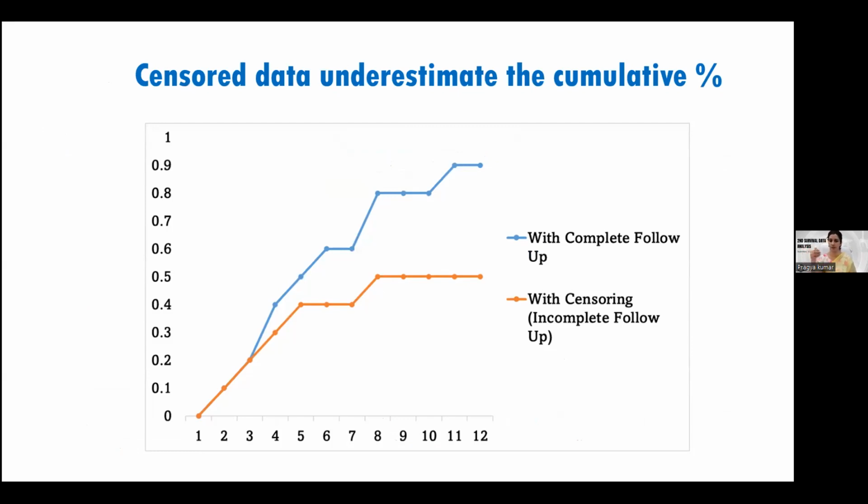Dr. Saurabh is writing, let me see the chat, what he wrote. So, is it not better to use incidence density in such cases? Incidence density can be done with person-time. But again, there are problems with person-time, because for that you assume that the rate is constant throughout the period, but actually that's not the case.